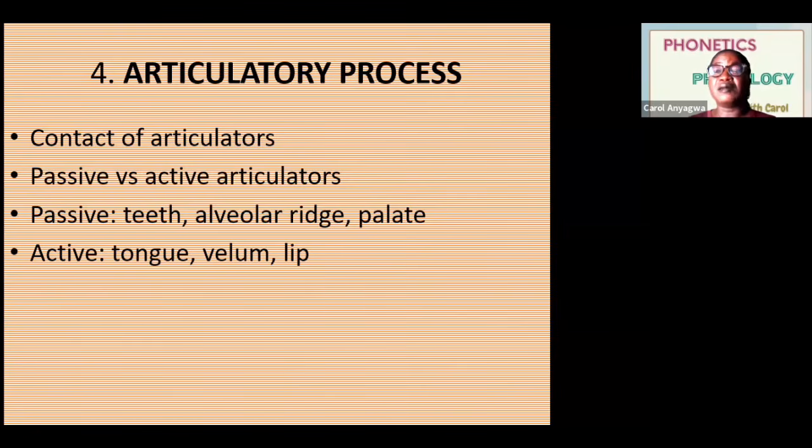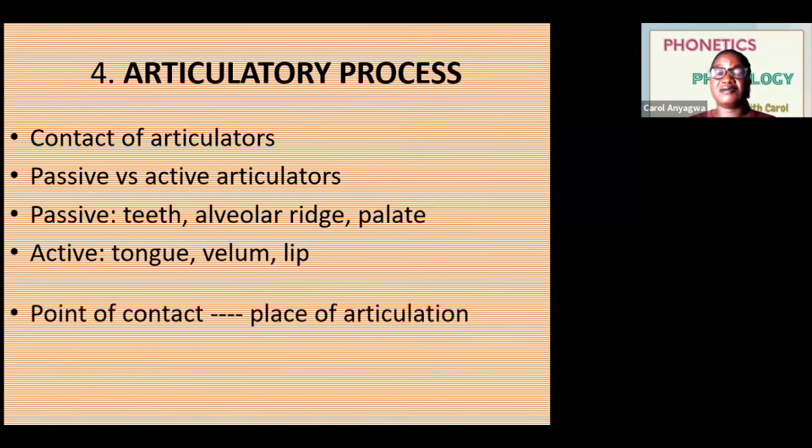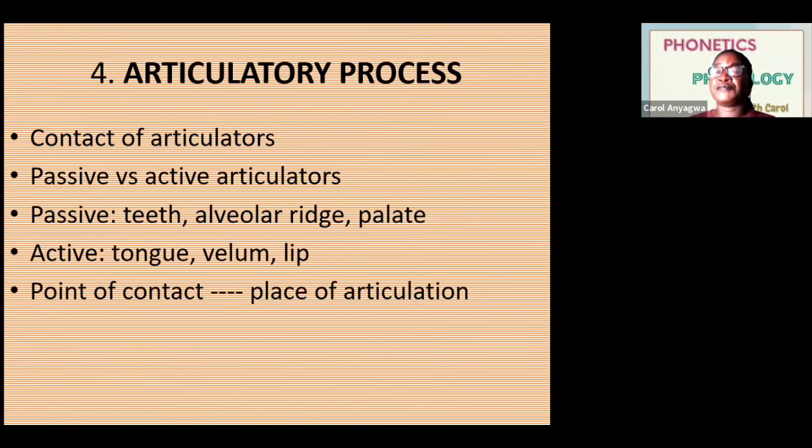And then the velum, we have already explained how it is raised or lowered to determine the oro-nasal process. And of course, the lips, you can see mine moving. The lips are active in the course of speech production. During the articulatory process, the points at which these organs come in contact determine the place of articulation of consonants.